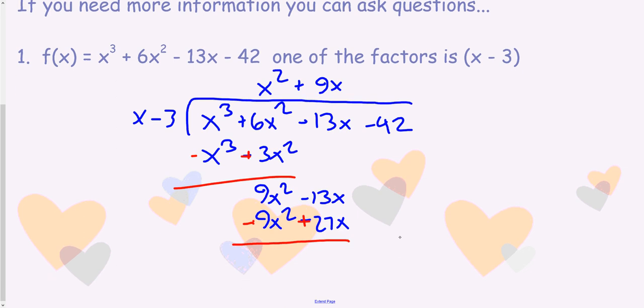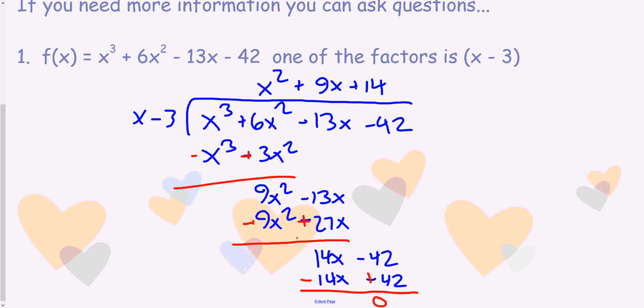Negative 13 plus 27, that's 14x. Drop down the minus 42, and repeat. Divide by x, and multiply. As you can see, you get a 14x, you get a minus 42. Change the signs one last time. Beautiful. We get our 0.